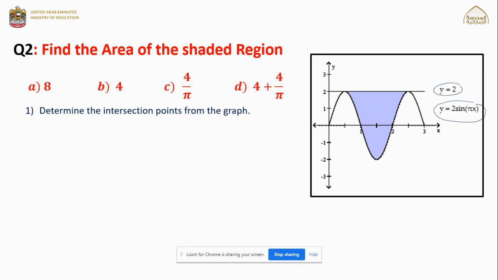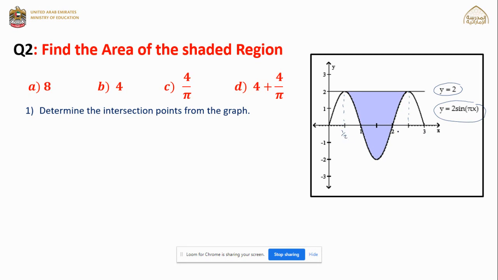Determine the intersection points from the graph. Where are the intersection points? Now I have one here at this point, and another one is here. As I see here, this is 1, 2, 3. So the first one is 1/2.